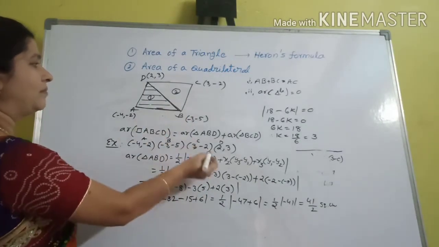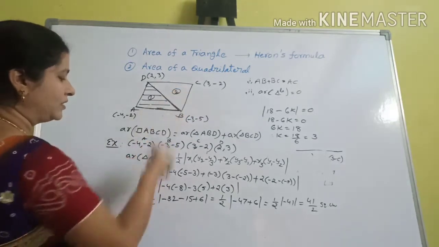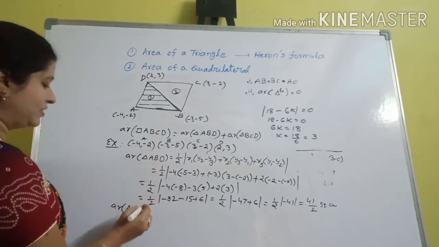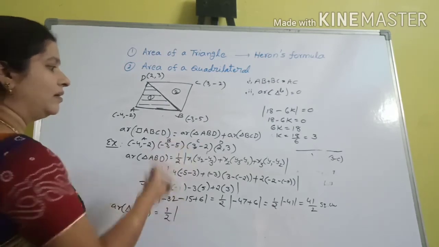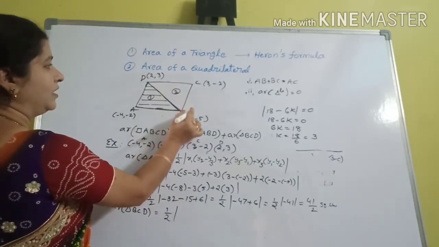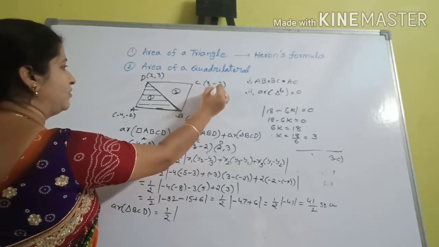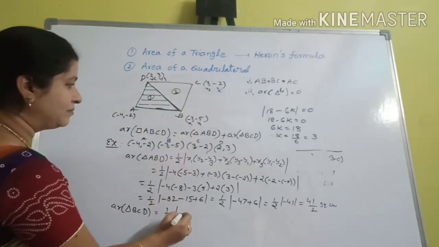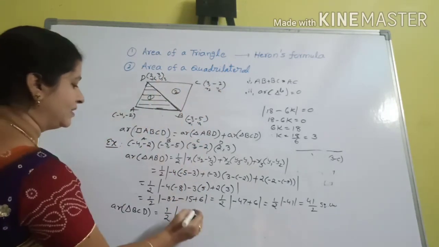By using this formula, you can easily find out the second triangle. What is the name of this triangle? BCD. Substitute the values in the area of the triangle formula. Here these 3 points you have to take: x1, y1, x2, y2, x3, y3. x1 means -3 into y2 minus y3, -2 -3.